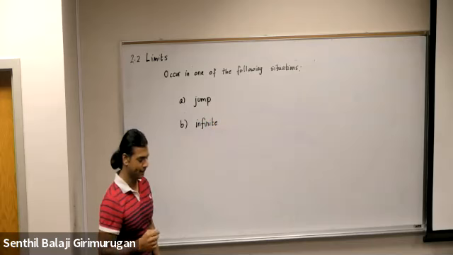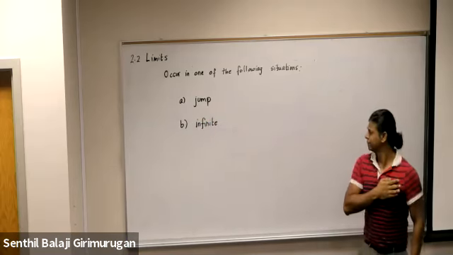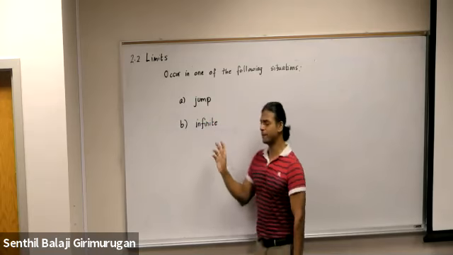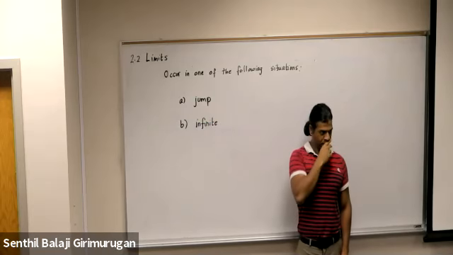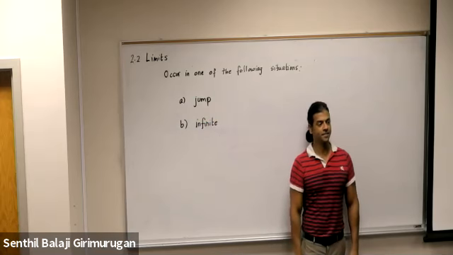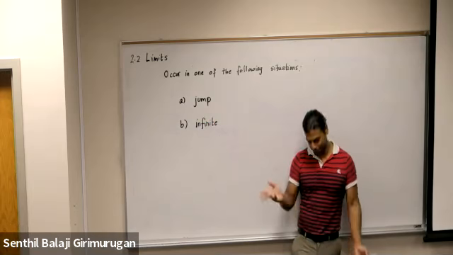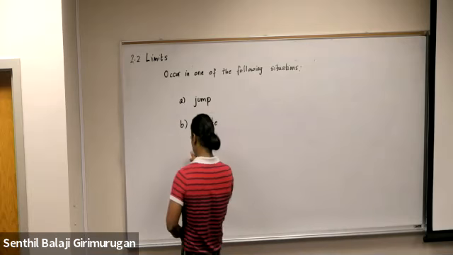The second type is an infinite discontinuity. We have seen that too. It happens with what type of functions? I believe it was tangent. It is also known as a vertical asymptote.